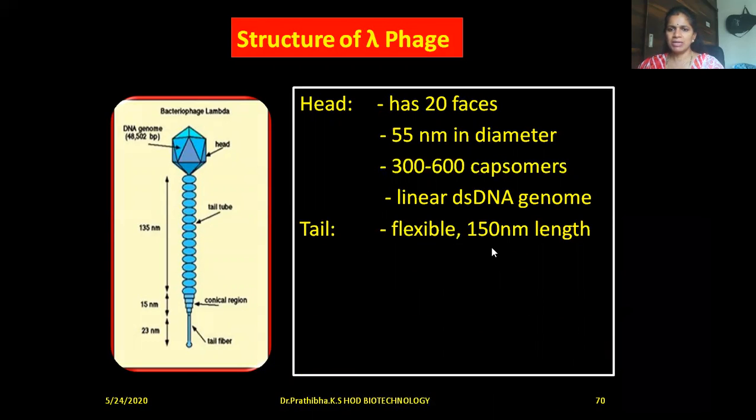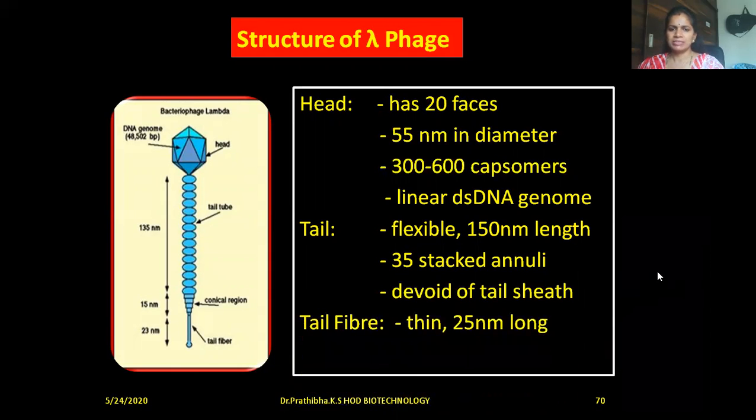The tail is flexible, 150 nm in length, with 35 stacked annuli, devoid of a tail sheath. The tail fiber is very thin, 25 nm long, and recognizes the host cell to inject its nucleic material into the host organism through the host receptors.